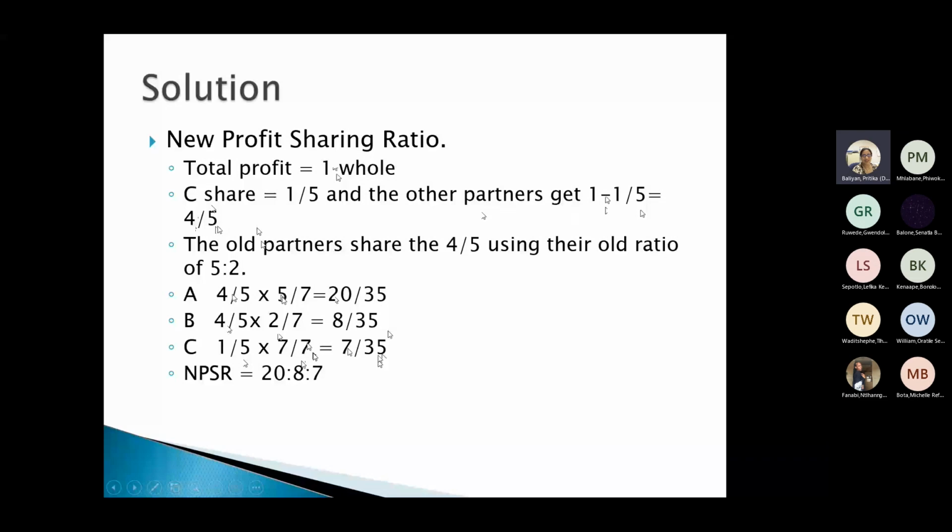Then you also multiply the numerator. Now all partners have the same denominator, and the numerators are 20, 8 and 7. So the new profit sharing ratio is 20 for A, 8 for B and 7 for C. That's how we calculate it, right?